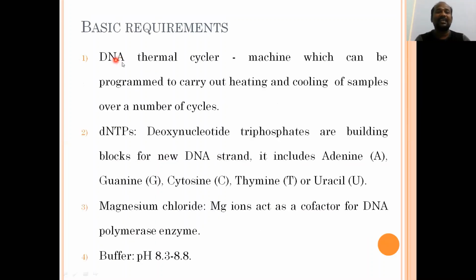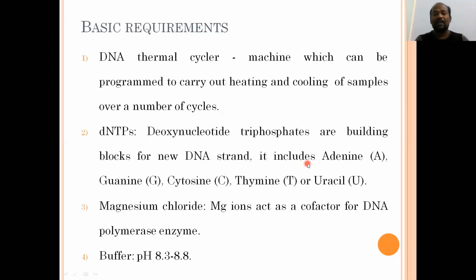The next is the DNA thermal cycler. It's a machine which can be programmed to carry out heating and cooling of samples over a number of cycles. Then another component is dNTPs. These deoxynucleotide triphosphates are the building blocks for the new DNA strand.